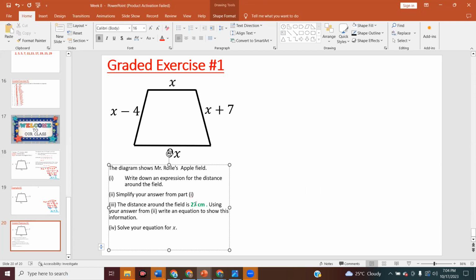And let's say that the distance around it is not 27. So this is going to be, let's say that this is 63 centimeters.